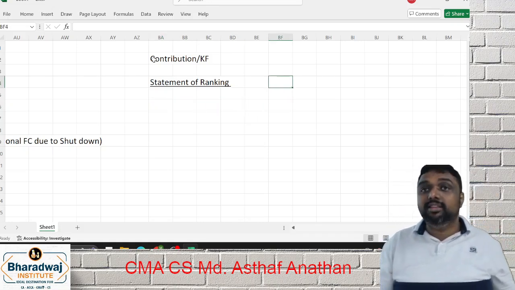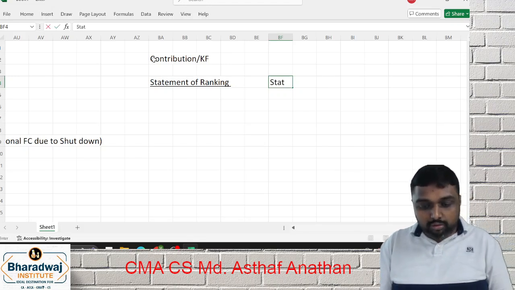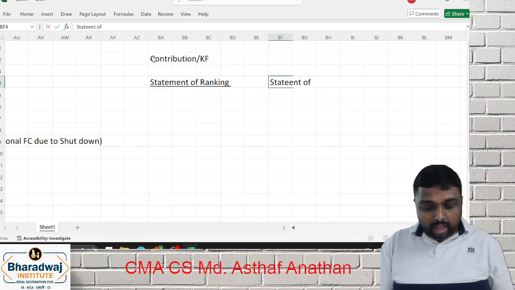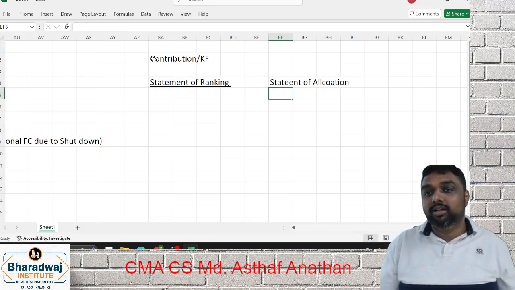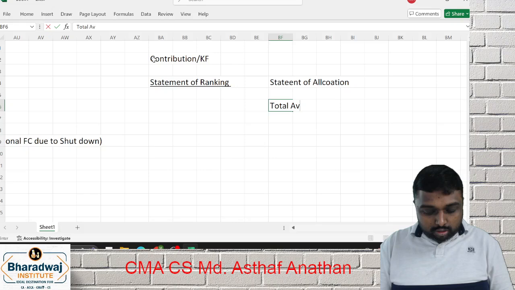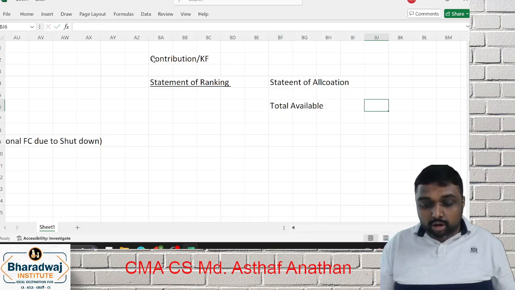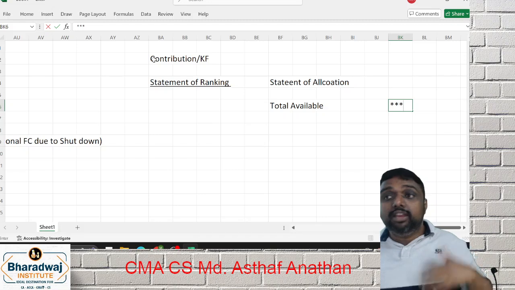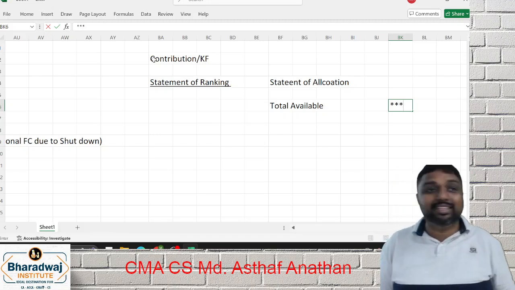Once you have done the statement of ranking, you go for the statement of allocation. What is the statement of allocation? First, what is your total available? You should prepare a separate format and formula for this, which is easy to revise before the exam day.